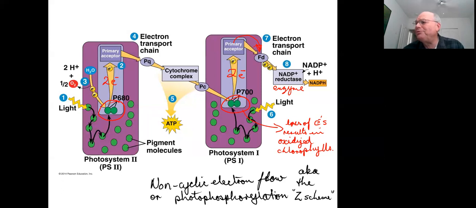Those electrons are captured by the primary electron acceptor and they are passed on to a mobile protein called PQ, which is hydrophobic. So it's moving around inside the membrane and it passes its electrons onto a complex of proteins called the cytochrome complex.